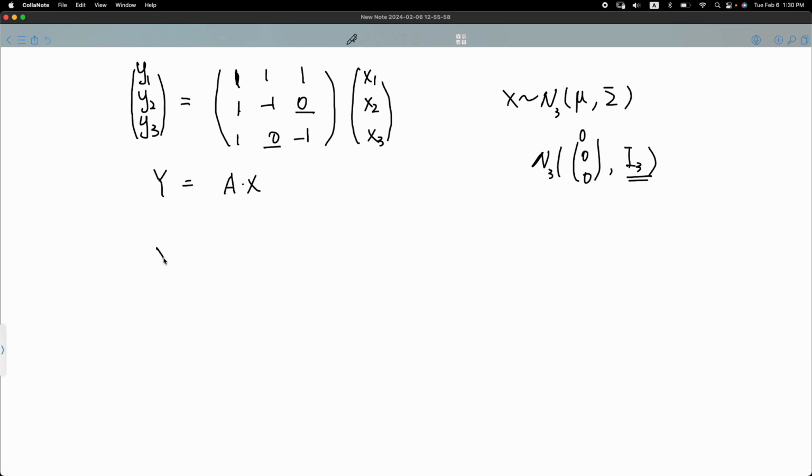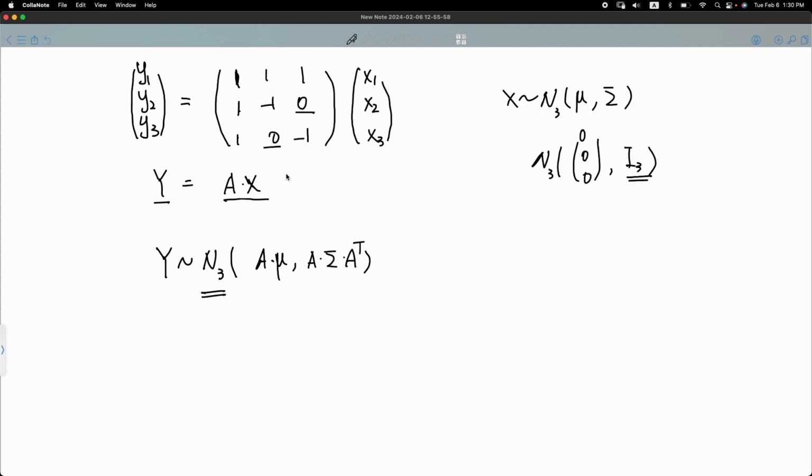Once we have that, y is also going to follow a 3-dimensional normal with A multiplied by mu and A sigma A transpose. The reason that it's normal is because y is a linear transformation of a random variable x.